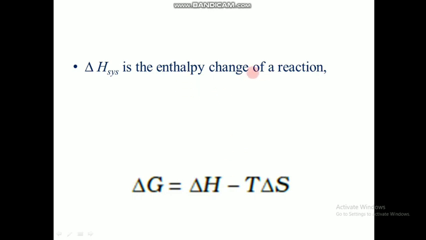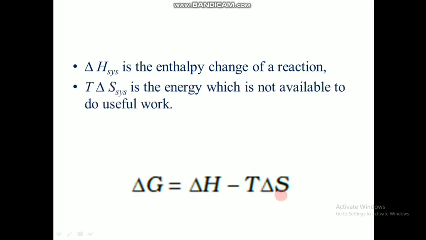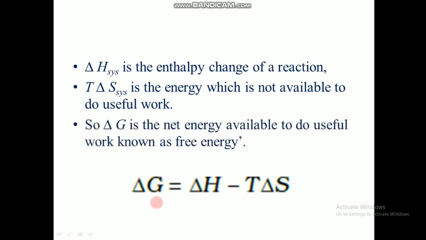So delta H is the enthalpy change of the reaction. So hence we can tell this is the unused energy. So T delta S system is the energy which is not available for useful work. So this is the energy which is not used, and delta H is the total energy and delta G is the energy which is used.